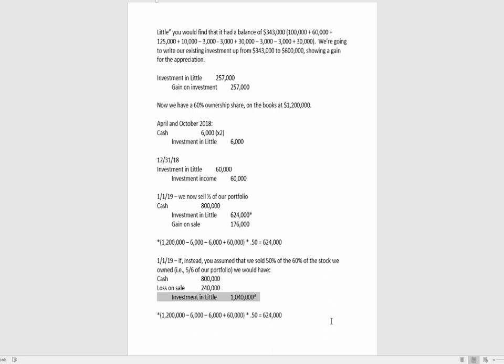Again, our investment portfolio had a balance of 1.2 million minus 12 plus 60, or 1,248, and if we sell 5/6 of that, sorry, that's $1,040,000. I obviously copied and pasted and didn't update this before I started talking. That's $1,040,000 of the investment portfolio that we sold. We sold it for $800,000, and so we would have a loss on sale of $240,000.